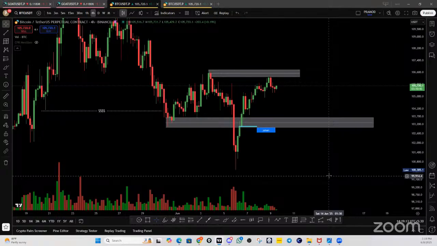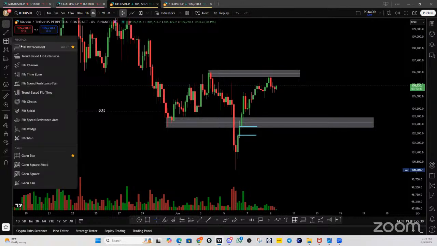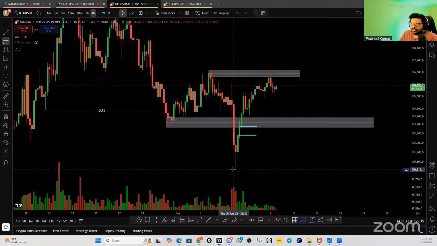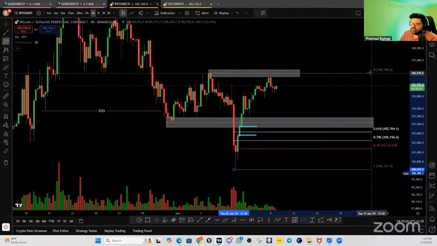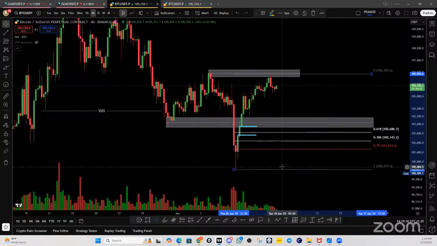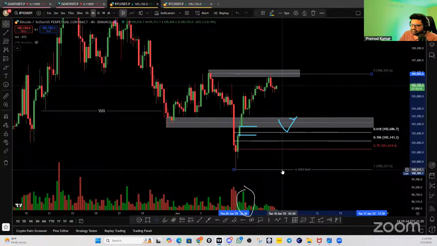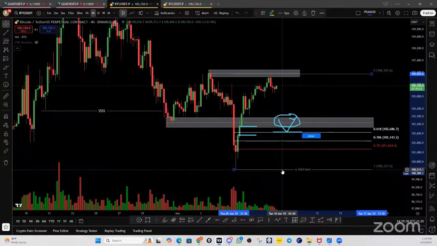Correct. But also if you draw a fib from below and it combines, it's the same area. I will see what the reaction is when it comes into this zone first, and if it fails there, I will then see what happens in the golden pocket.